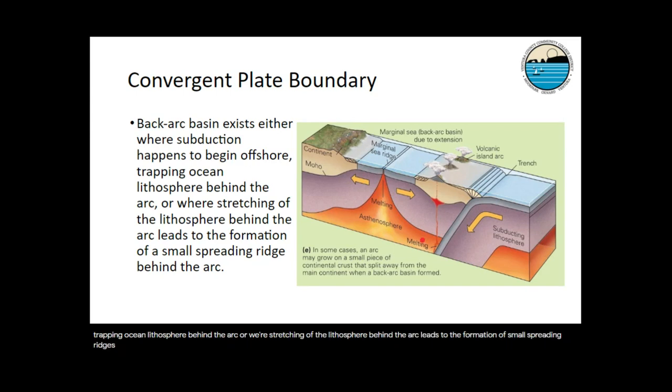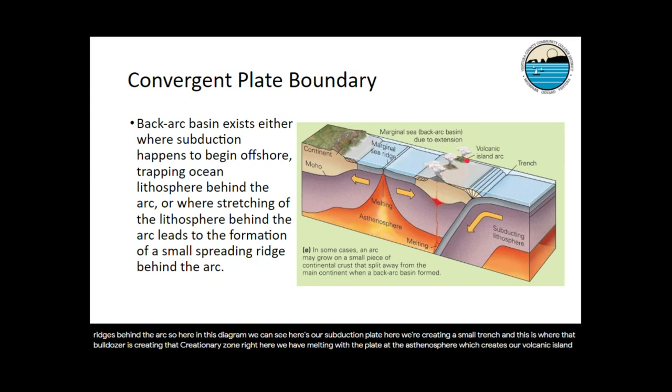We're creating a small trench, and this is where that bulldozer is creating that accretionary zone right here. We have melting with the plate at the asthenosphere, which creates our volcanic island arc. And in this example, we also have a divergent boundary where we have melting of the asthenosphere coming up through this ridge.